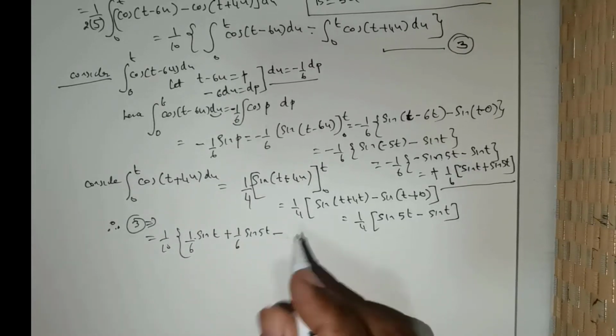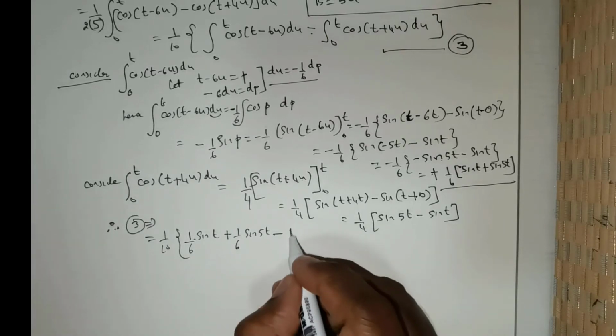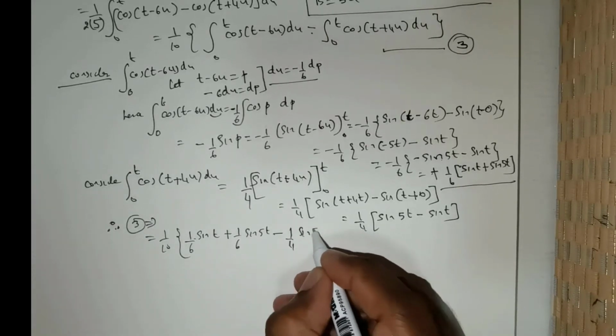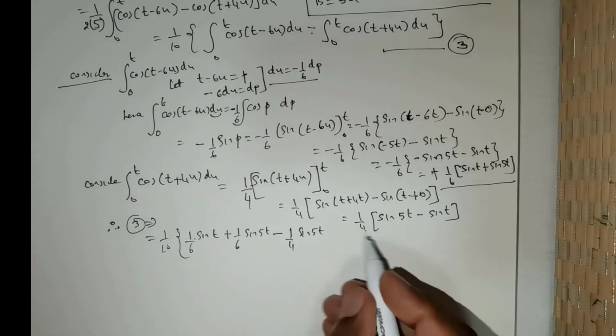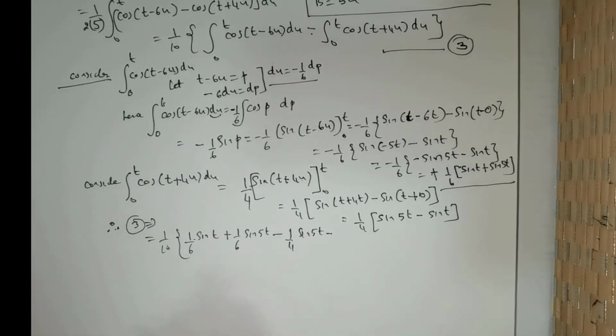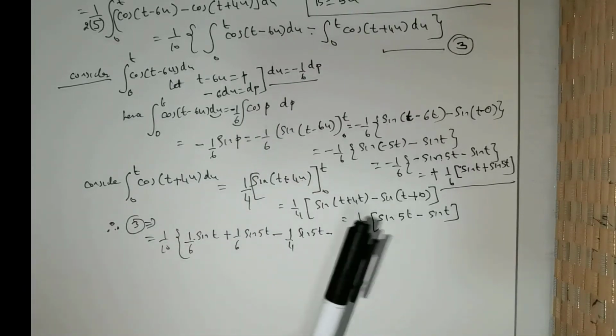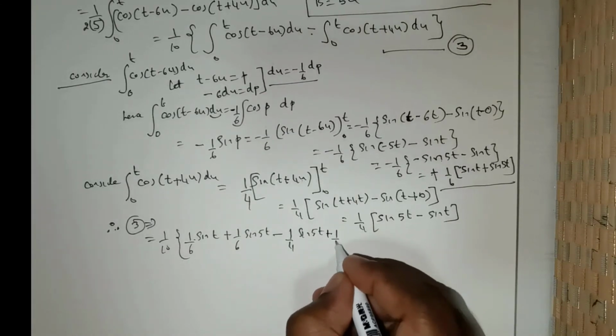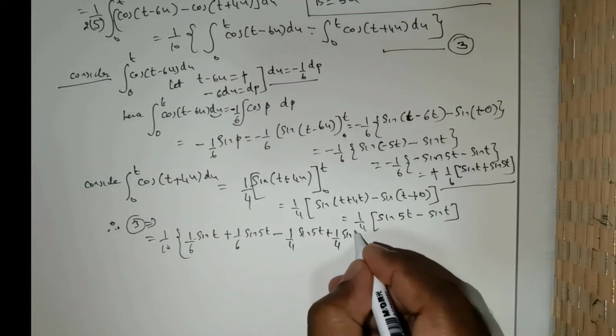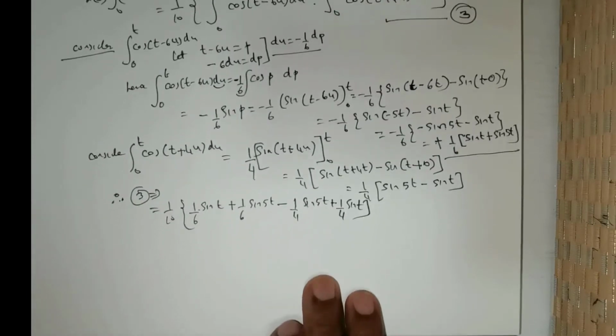You have a negative sign, so I need to substitute this: 1 over 4 times sine 5t, and since there's a negative and a negative, that becomes positive 1 over 4 times sine t. So this is what I've got.